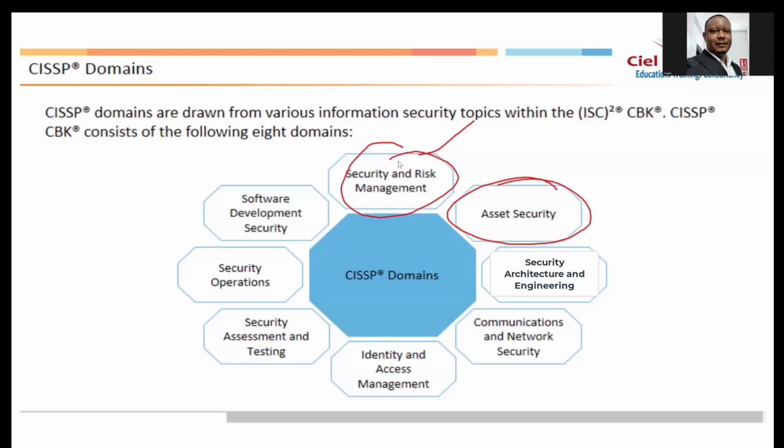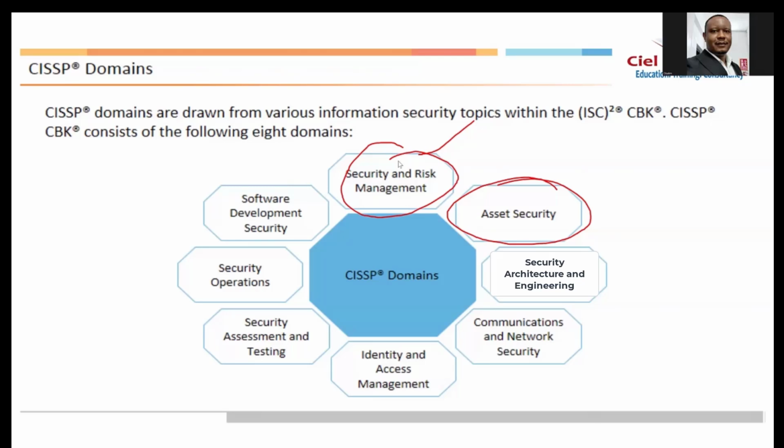So asset security basically focuses on how can we keep these things protected? How can we keep our computers protected? If, for example, you don't put a password on your computer and then you leave it out there in the open, don't forget that that's basically leaving it exposed to threat.